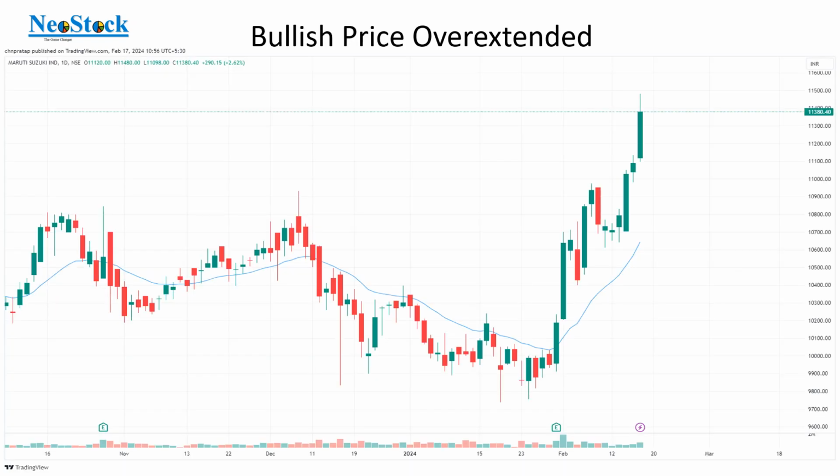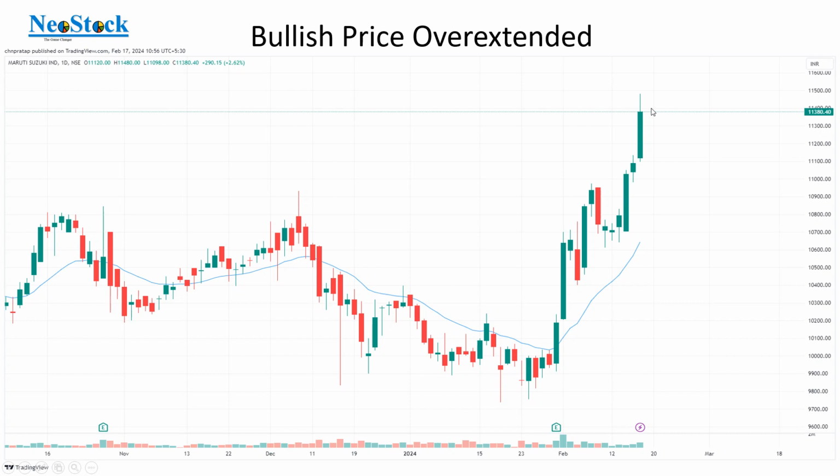If you look at this chart, Maruti Suzuki daily chart, this is the daily EMA. See the EMA, the blue color line, and see the current market close. So it is overextended. In fact, it is very much overextended.